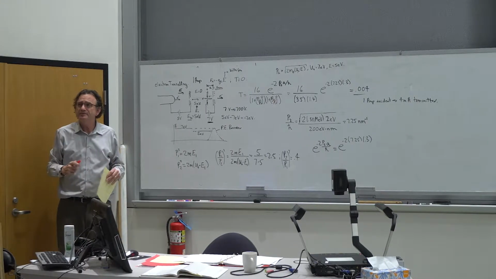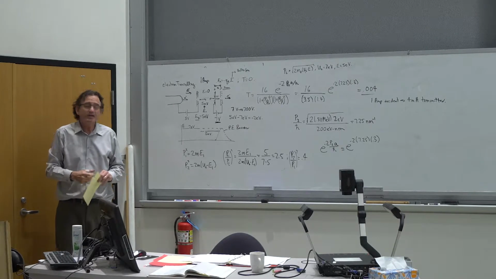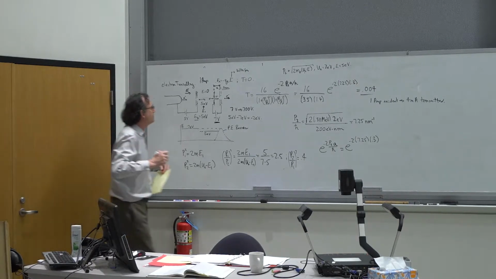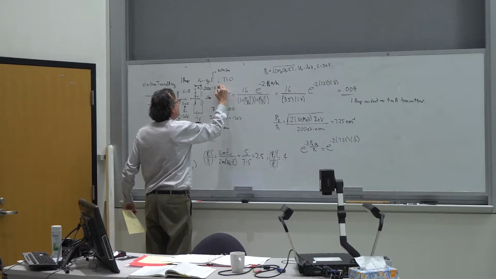Yes. Where did you get the value for A again? I made it up. I said, okay, let me suppose that I have a barrier gap that's 0.3 nanometers. Now, I could have made it larger, by the way.